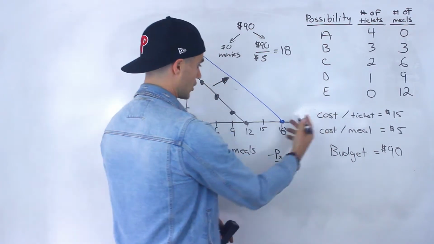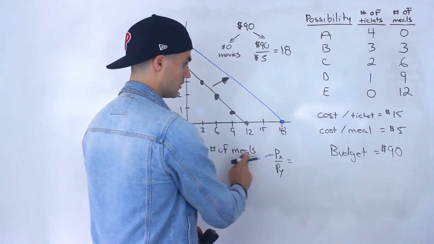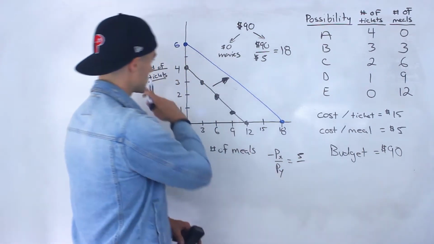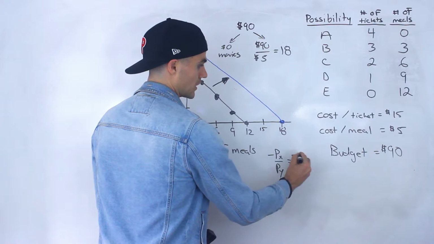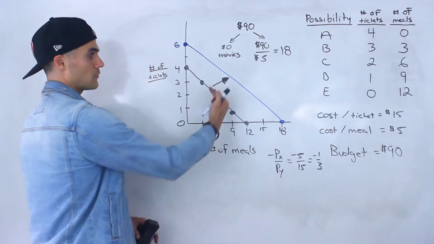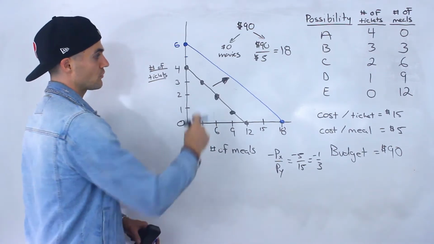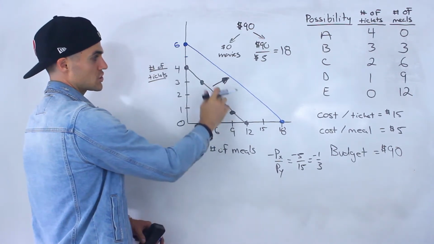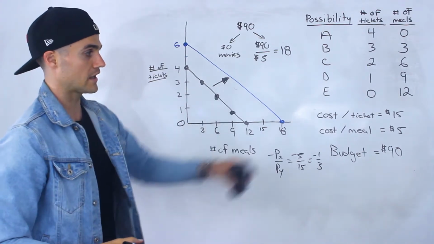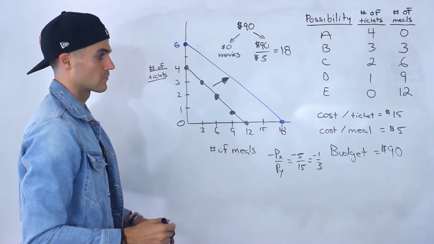Well, the cost per meal is still 5. The cost per ticket is still 15. We got that negative in front, negative 1 over 3. Same slope, right? We just shifted that line out. So there's more combinations. The attainable area is more with an increase of a budget.